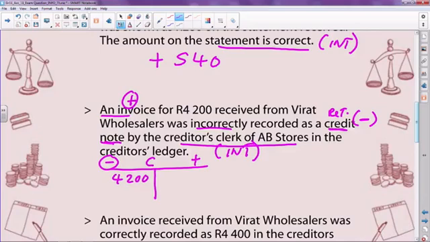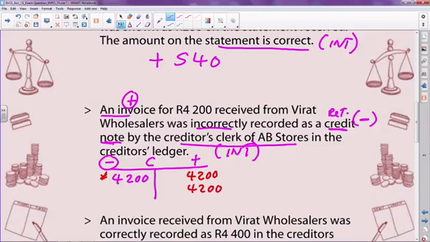Right, now watch how I'm going to correct this error. Remember, this is obviously the mistake. This is the error that needs to be corrected. If we now add 4,200, okay, all we're doing, guys, is we're fixing our mistake, the incorrect debit that we obviously made. We need to obviously now double this amount.